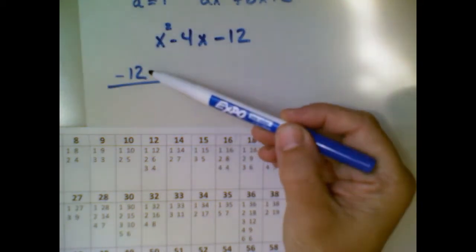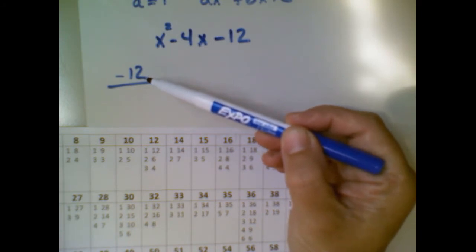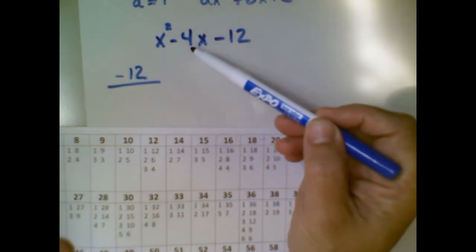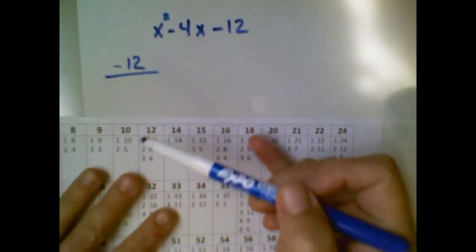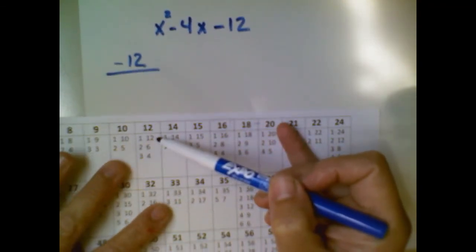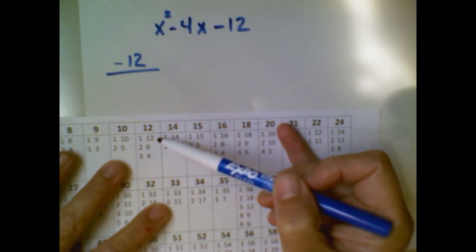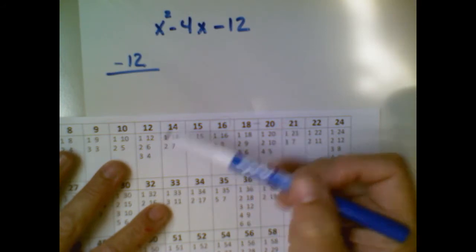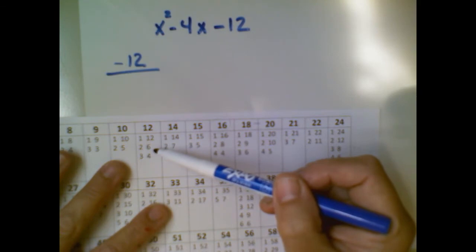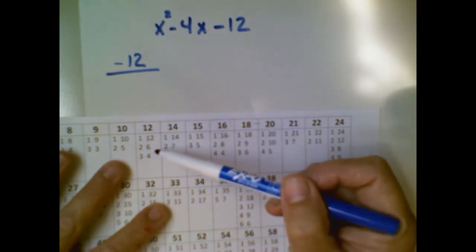So again, one has to be negative and one has to be positive here. They have to sum to -4. So when I look at 12, I've got 1 and 12, which sums to either 13 or 11. And I talk about that with the kids. We also have 2 and 6, which sum to either 8 or 4, -4.